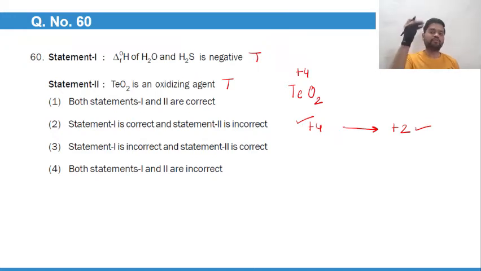So as we come from top to bottom, lower oxidation state dominates. And since over here tellurium is +4 and it is present at the bottom, it will love to undergo +4 to +2. That means it will love to accept electrons. That means it is a reduction process. That means it's an oxidizing agent. Both are true. So 60, option number 1 will be the right answer.